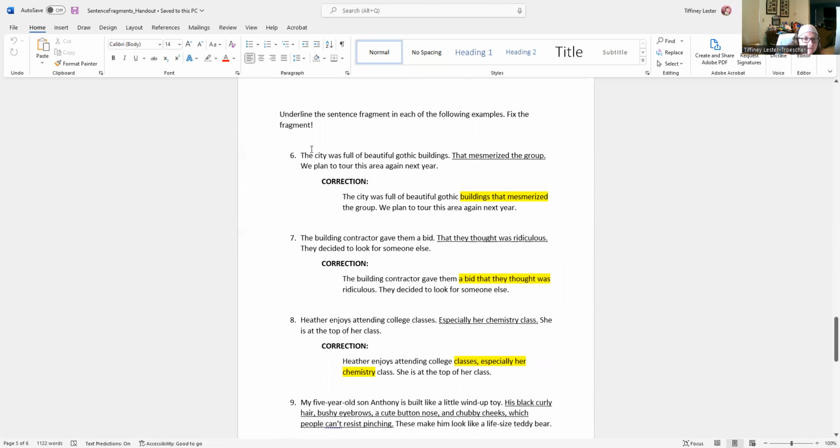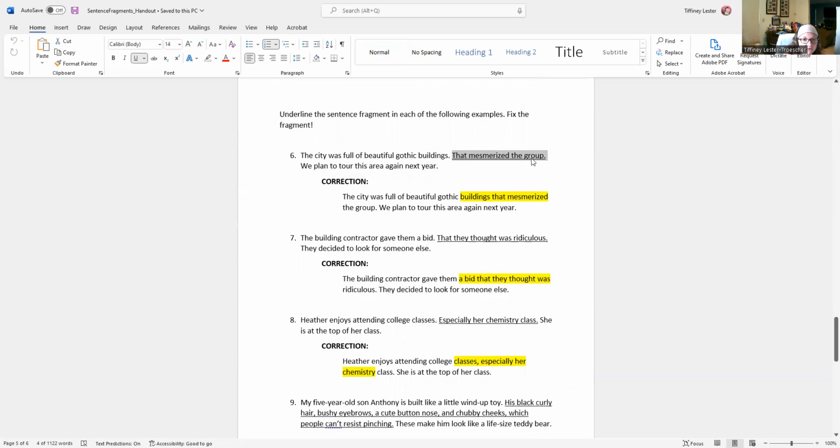So we have, the city was full of beautiful Gothic buildings. That mesmerized the group. We plan to tour this area again next year. This is our sentence fragment: that mesmerized the group. We don't have a subject. We don't really have a full verb form here. What does this seem to be connected to?